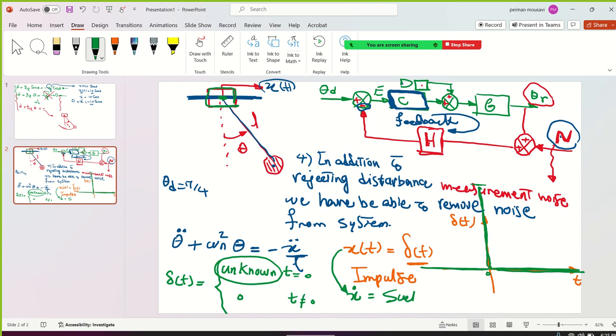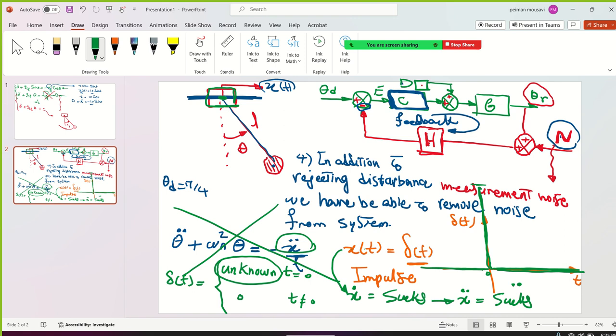We don't have it. What is the x double dot of unknown? Probably unknown double dot. If you put unknown double dot here, you cannot solve this equation anymore. You get it?